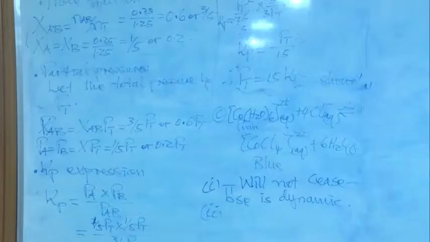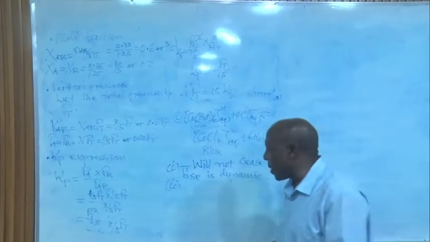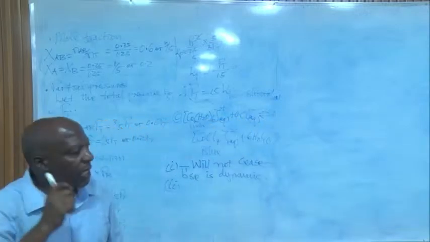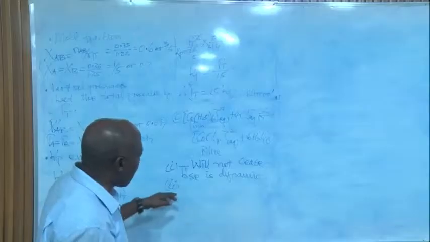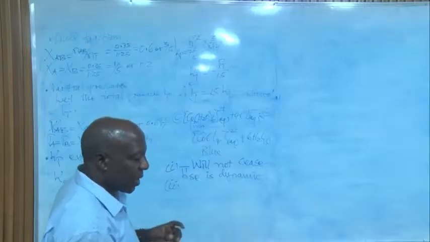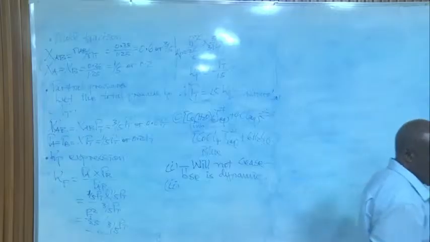The second question is: the forward reaction is endothermic. Explain the color change observed on cooling the reaction mixture. Now, remember, when we consider heat or temperature as one of the factors which can affect the equilibrium position, we have to consider the type of reaction in relation to heat change.